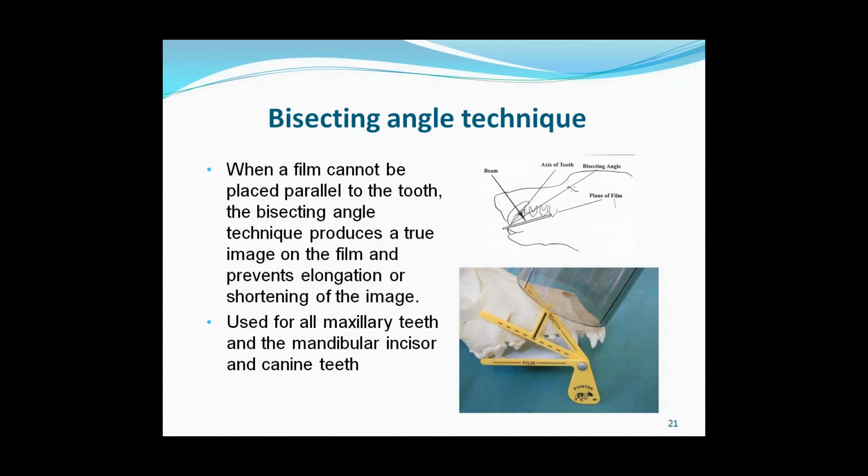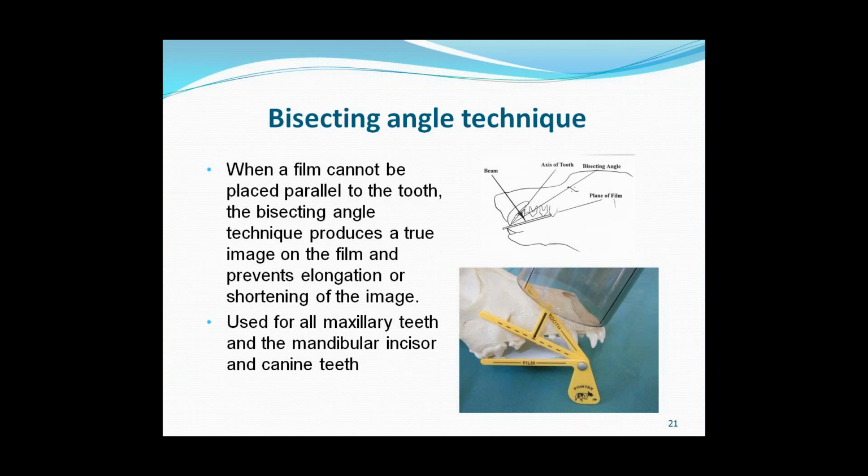And we draw an imaginary line between those two, so that the angle between the imaginary line in the tooth line and the imaginary line in the film line is equal. So this line here bisects, and that's where the technique comes from, it bisects the angle between the tooth and the film equally. We then position the tube head at 90 degrees to this imaginary line.